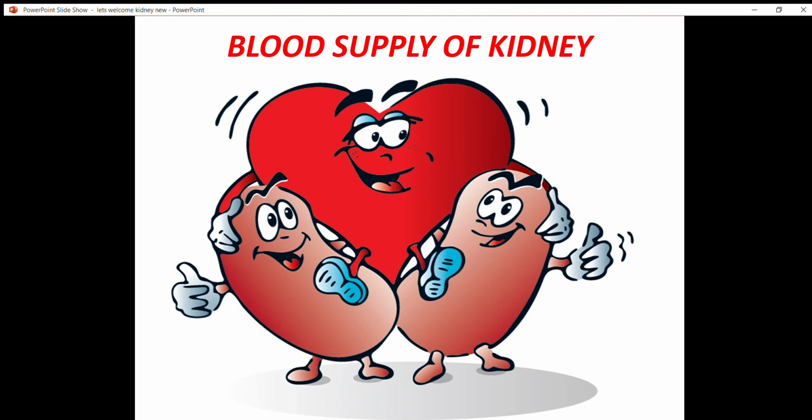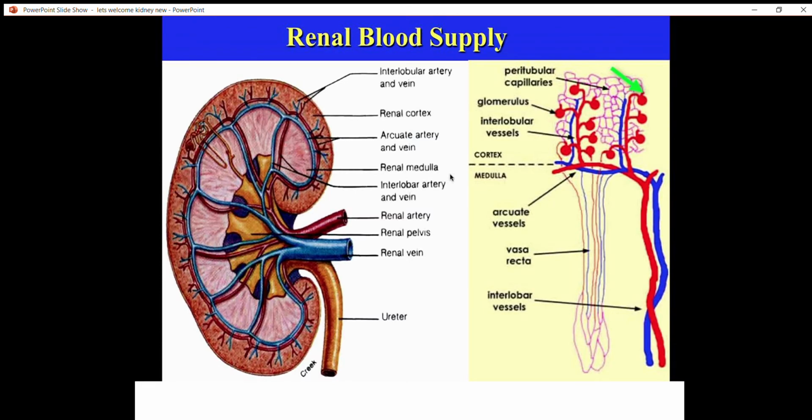Then we will move to a very important thing: the blood supply of the kidney. Here you can see a rough, theoretical diagram. This is the renal vein, this is the renal artery, and this yellow, dark brown color is the ureter. This is your pelvis, and these are your blood vessels. The renal arteries divide and redivide into different branches.